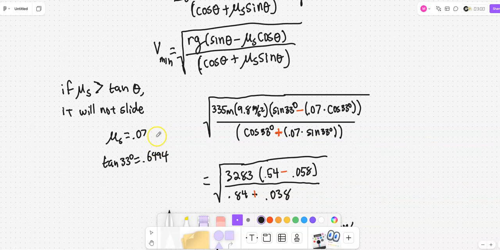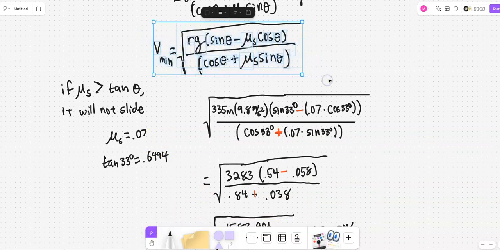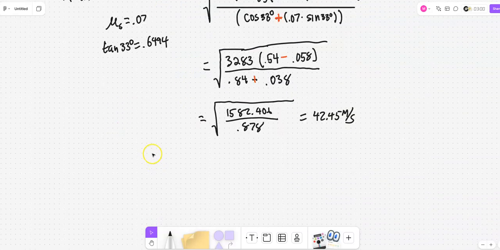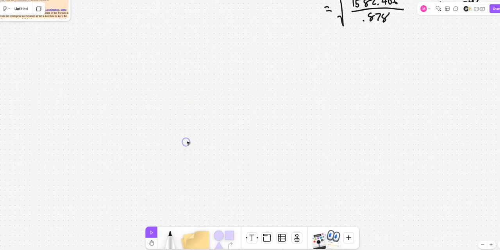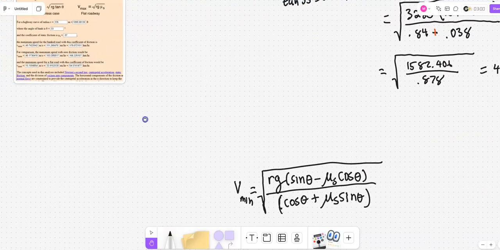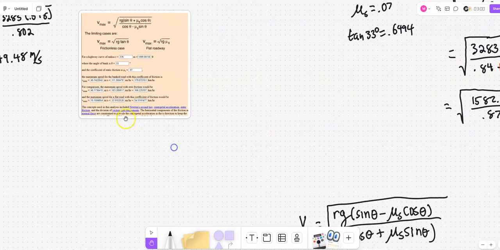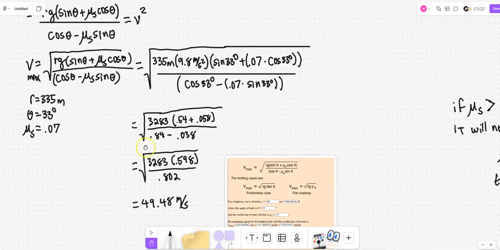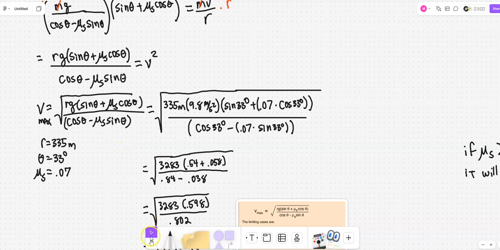All right, so let's make sure we have these two formulas here. Drag this over here. There's the velocity minimum. Subtract in the numerator. Here is our velocity maximum.